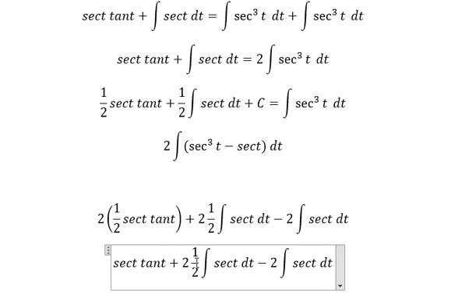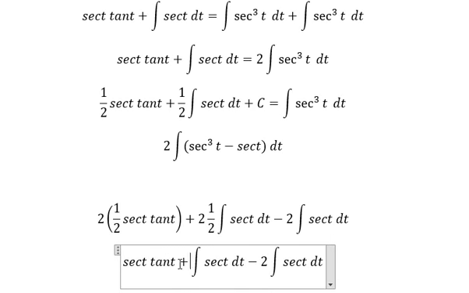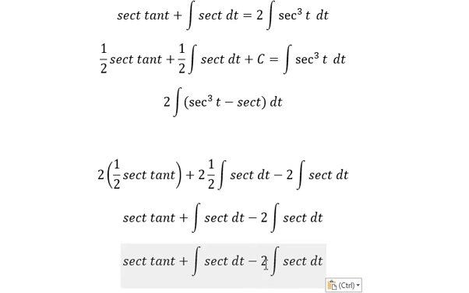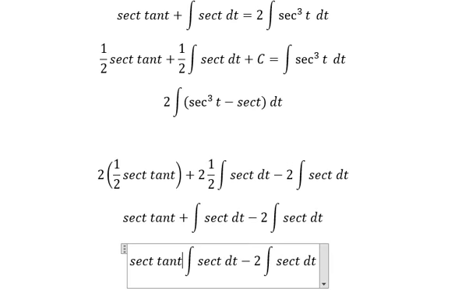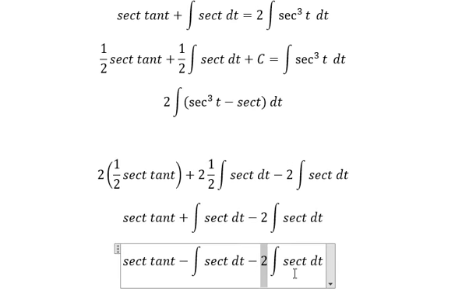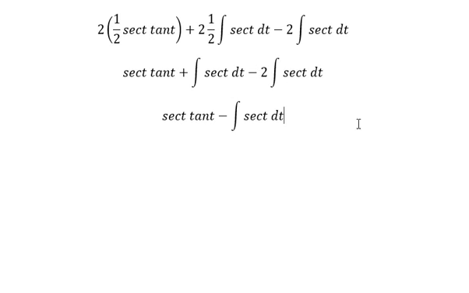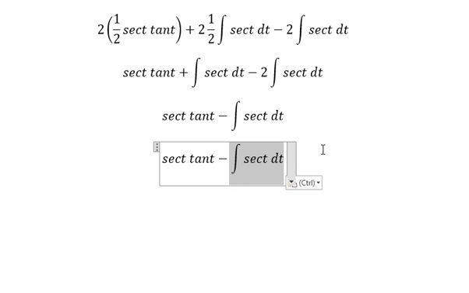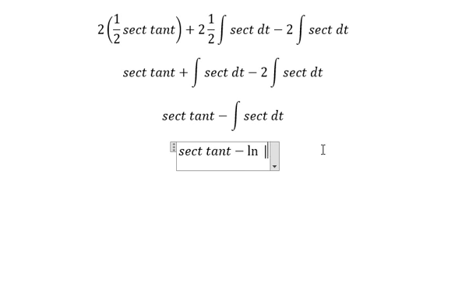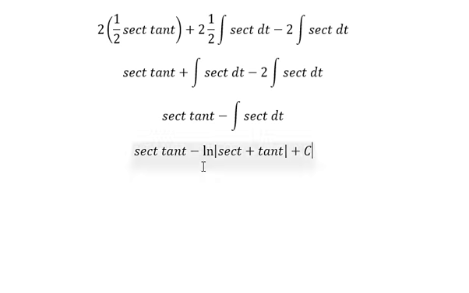Number 2 with 1 over 2, you get 1. 1 minus 2, you get negative 1. So the integration of this one, we have ln of the absolute value of secant t plus tan t, and we put plus c.